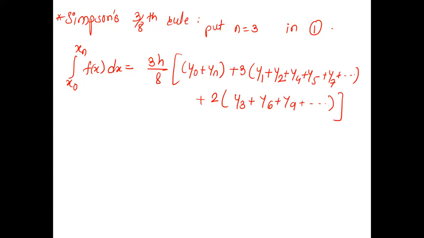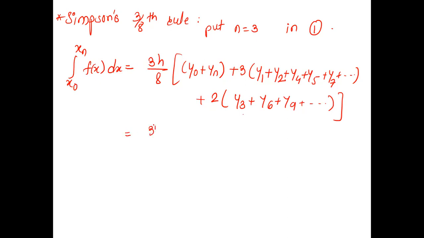What we are doing: first, last, then 3 times the remaining ones, and here we are collecting 2 times y3, the multiples of 3: y3, y6, y9, all multiplied by 2.